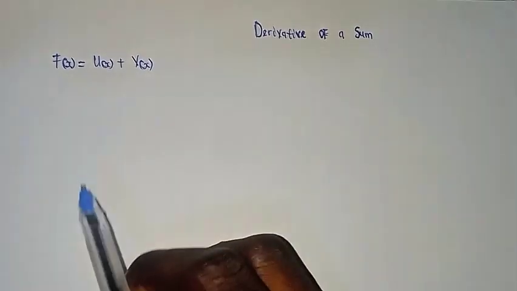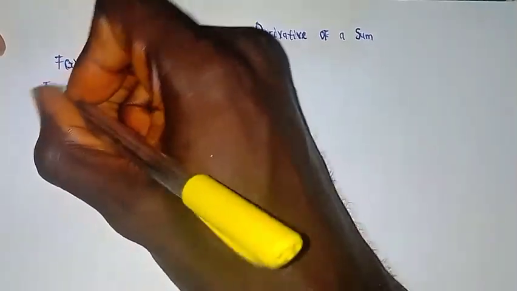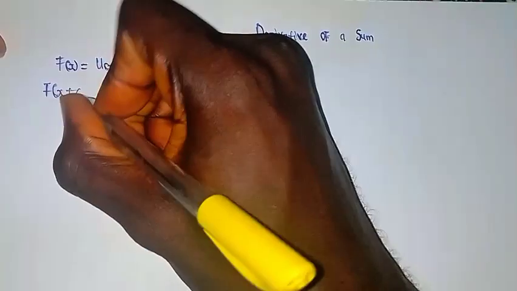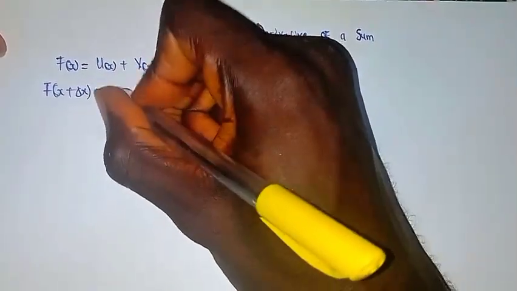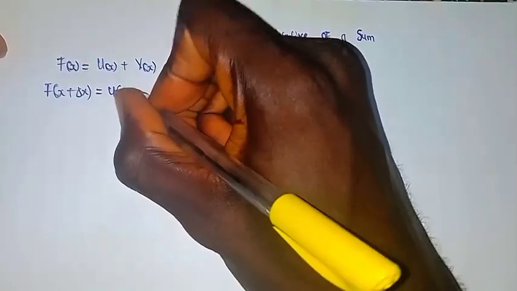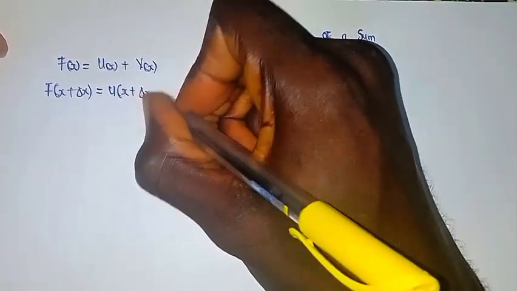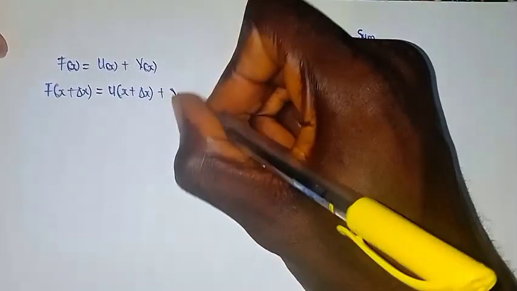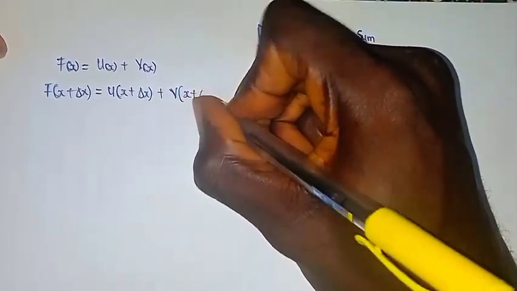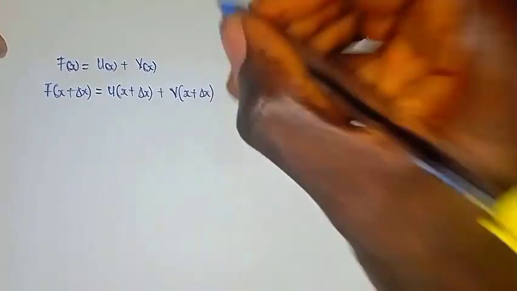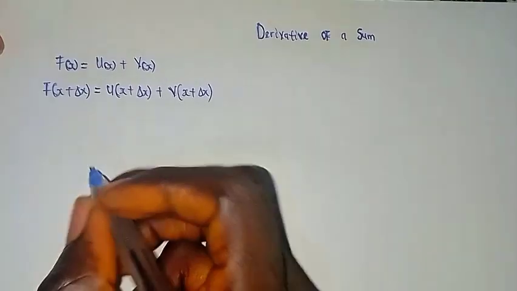first principle approach, we have that our f becomes f of x plus delta x. And then our u becomes u of x plus delta x, plus v of x becomes v of x plus delta x. Now let's subtract f of x from both sides of the equation.